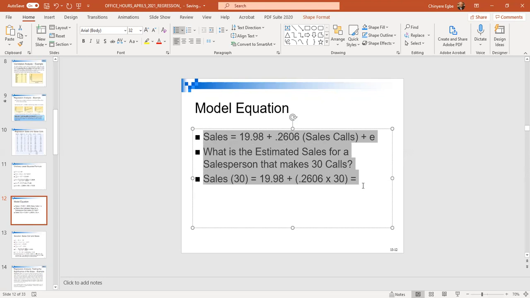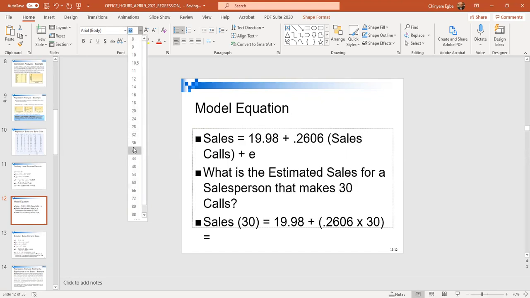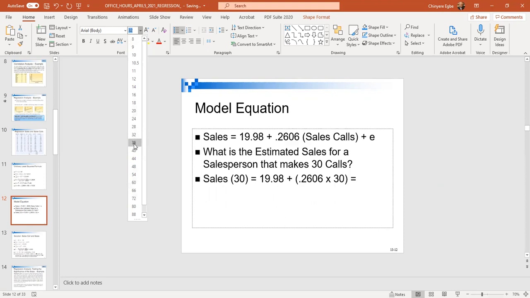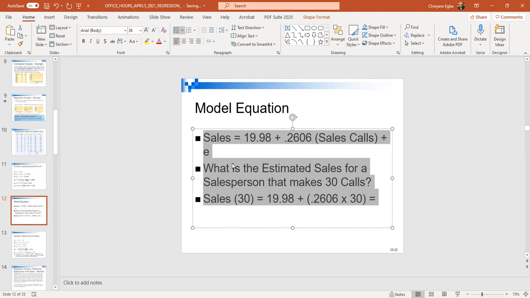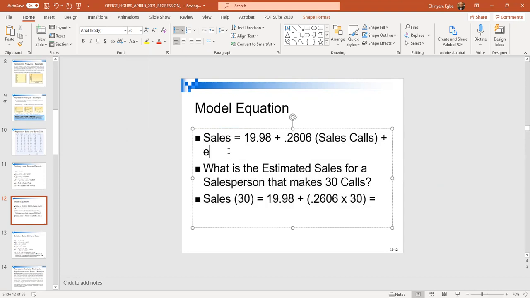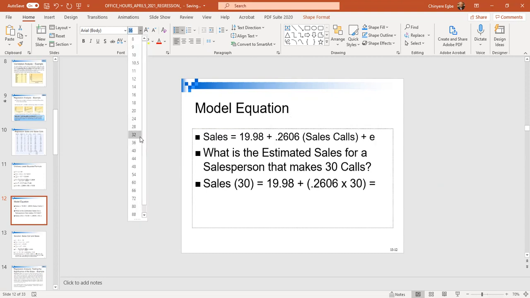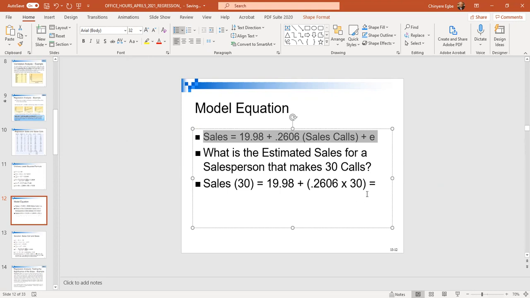Yes, take your time. It's 19.98 plus 7.82.